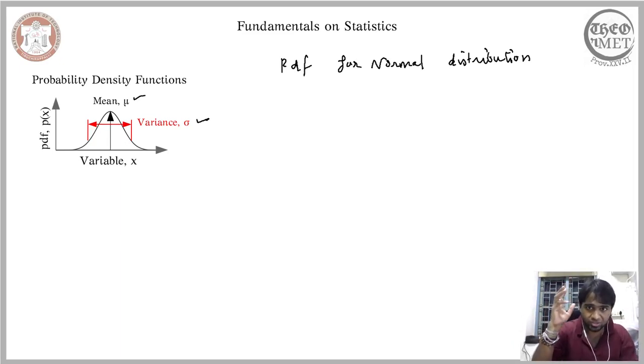When we were considering the distribution based on the histogram, we were able to describe it based on the mean and the variance. Since the trend remains the same, even when we replace the population with probability, whatever function we develop for this normal distribution will also have the mean and the variance associated with it.